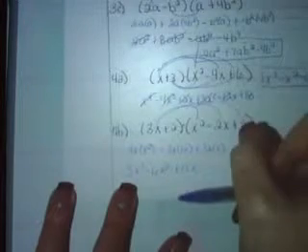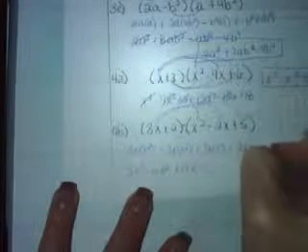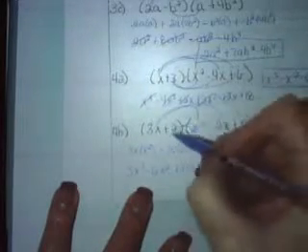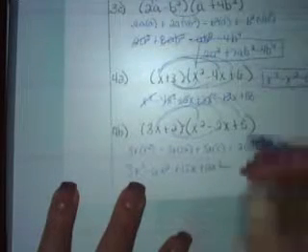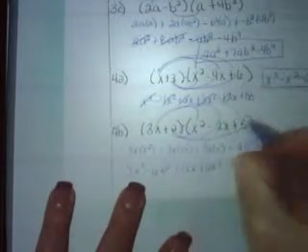Okay, I'm not going to stop there. I'm going to distribute. So now I have 2 times x squared, which gives me 2x squared. Then I have 2 times negative 2x, which gives me negative 4x. And then 2 times 5, which is 10.